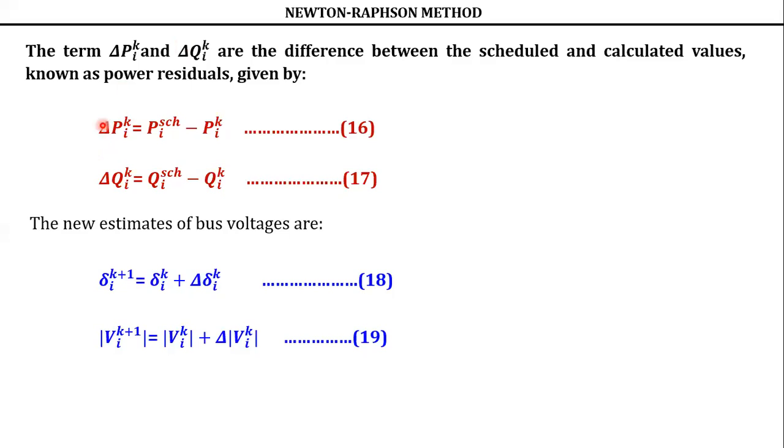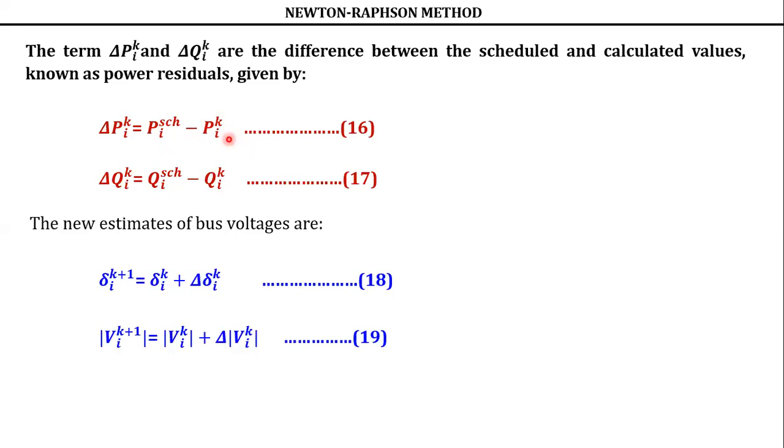So the residual power delta PiK, delta QiK, where k is the iteration count. In Gauss Seidel we took the iteration count as small r, isn't it? But here the iteration count we are taking as small k. So Pi scheduled means the given real power at the ith bus, that is the scheduled power, minus Pik calculated.